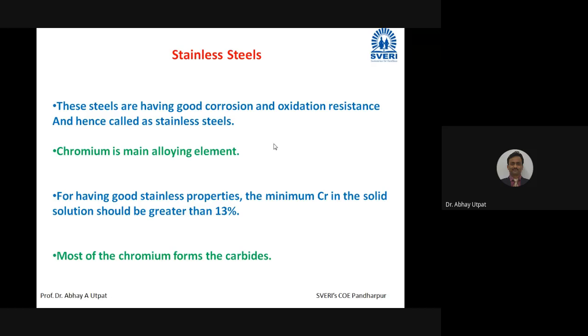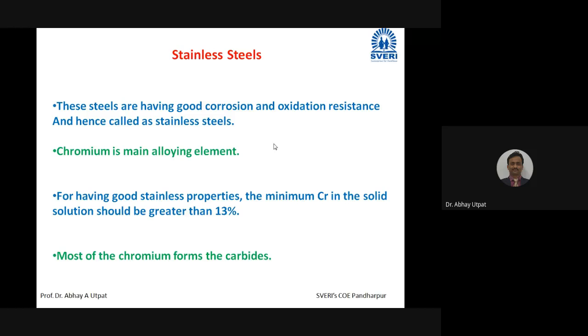So there are number of alloying elements, out of which always some element is main. It is also called as major alloying element. No doubt carbon is present. Without carbon, it will not become steel. But apart from it, one of the element will play the key role.